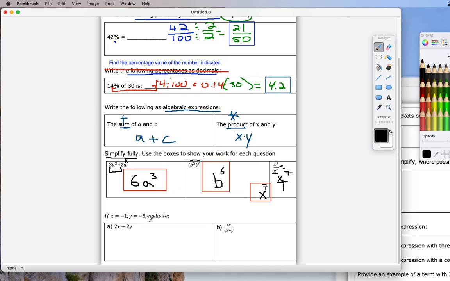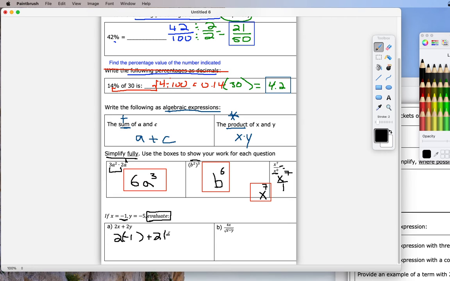So evaluate. Make sure you guys know what this means. Evaluate. So this is filling in values for x and y. So if I have x is equal to -1 and y is equal to -5, what I'm going to do is everywhere I see an x, I'm going to put -1. All right. So here, I'm going to put -1. And I'm going to have plus 2 times y, but instead of y, I'm going to put -5.